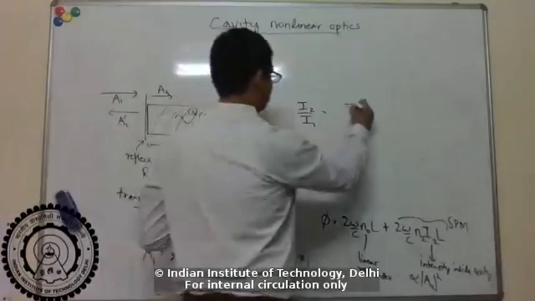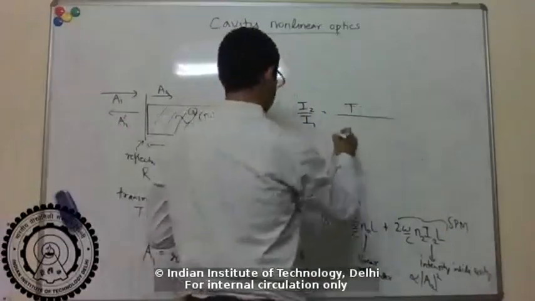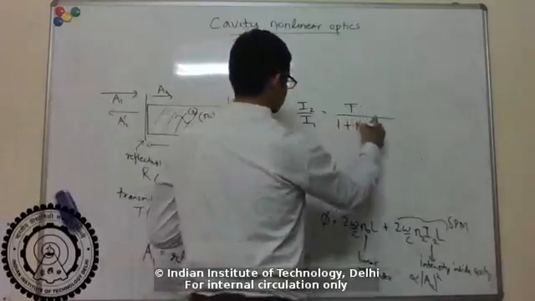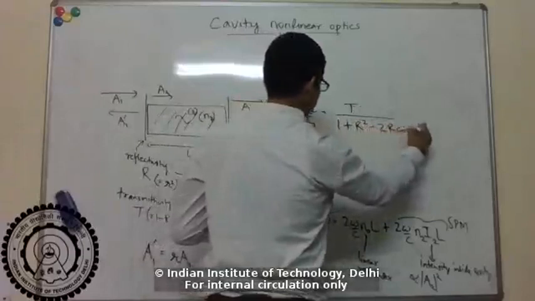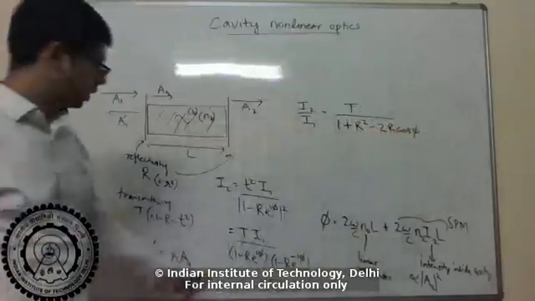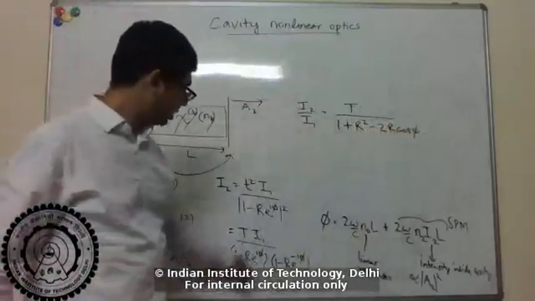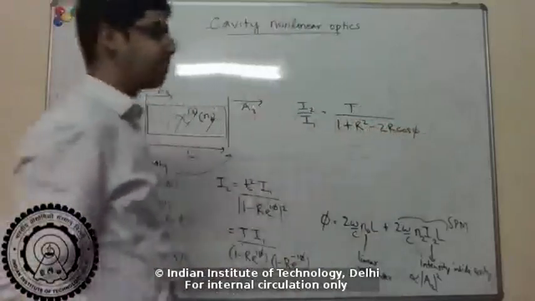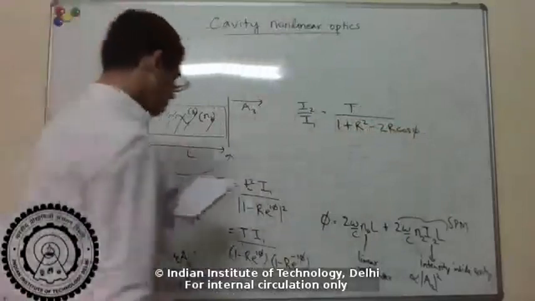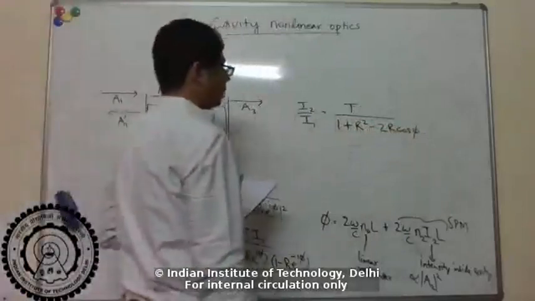So this will be T, and the denominator will become 1 plus R square minus 2R cosine phi. Right, so you get e to the i phi and then e plus e to the minus i phi, which becomes cosine.